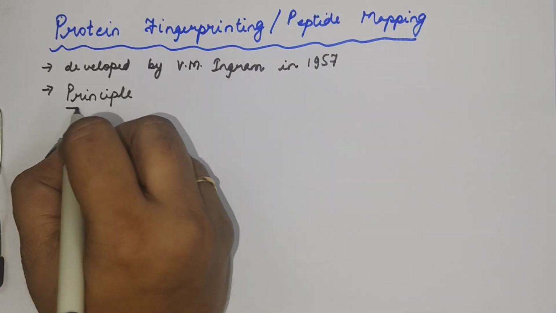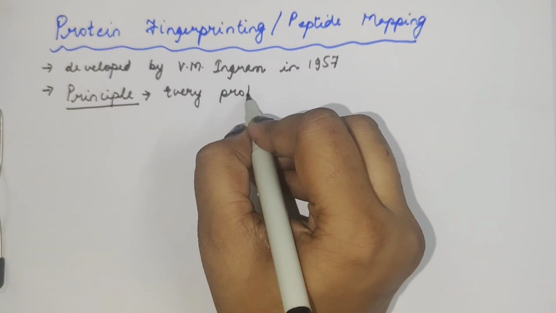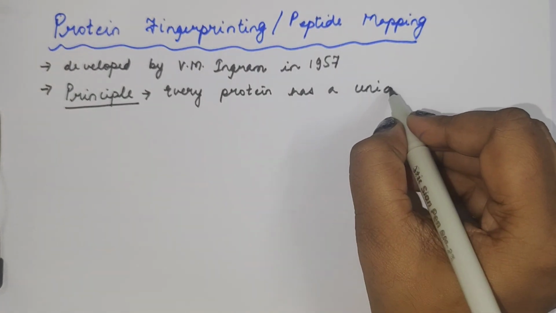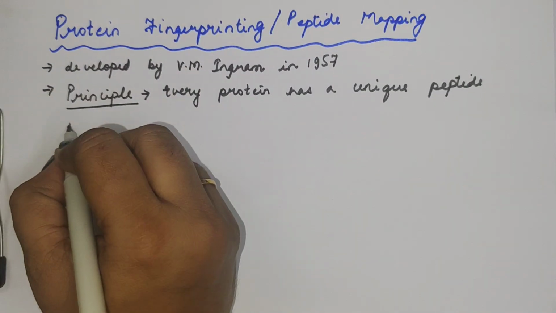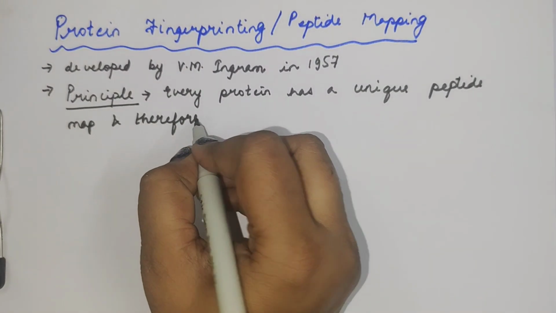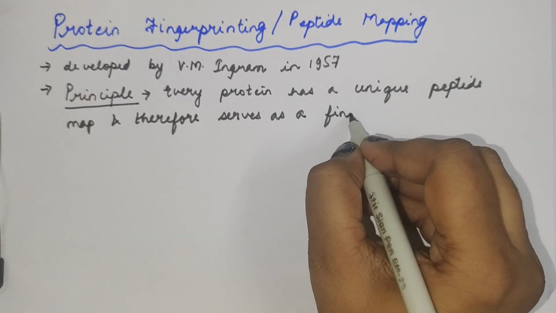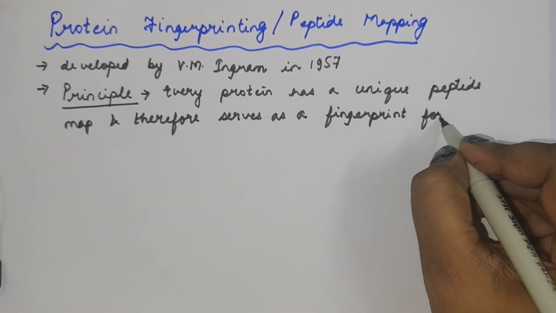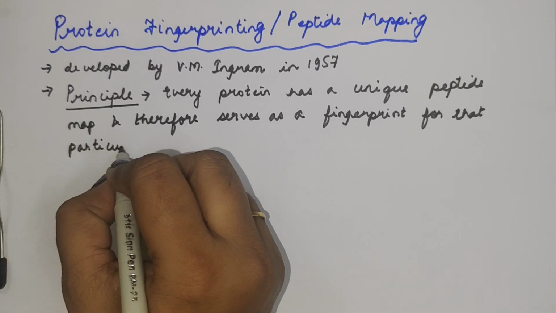The principle of this technique is that every protein has a unique peptide map which makes it different from other proteins and thus serves as a unique fingerprint for that particular protein. It means that like DNA fingerprinting, every individual's DNA is unique, and when cut with an enzyme, the pattern of fragments obtained for that particular individual is different from other individuals.